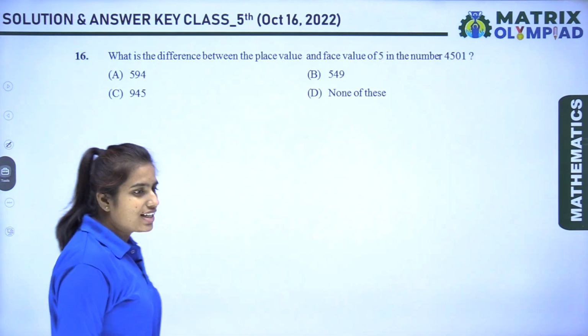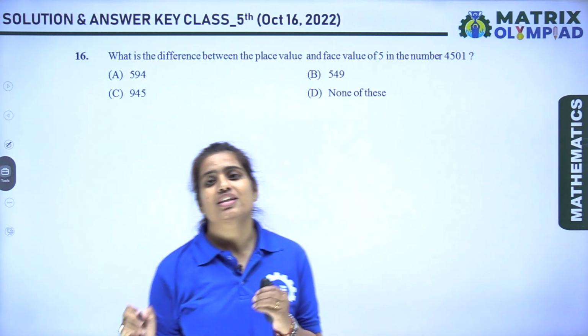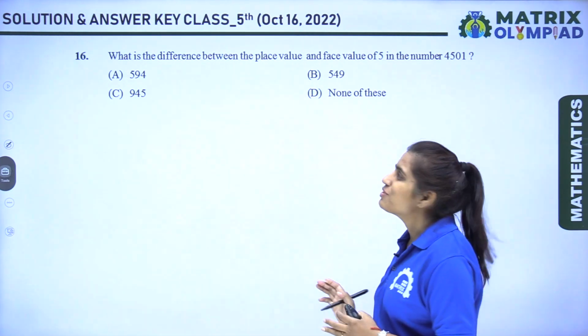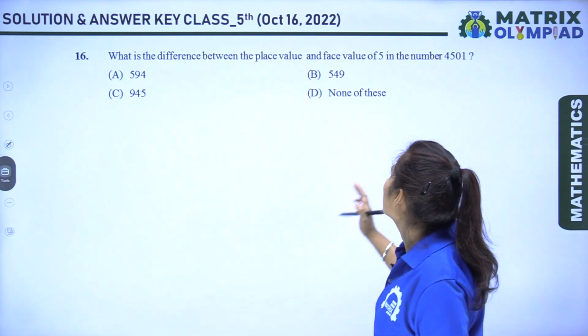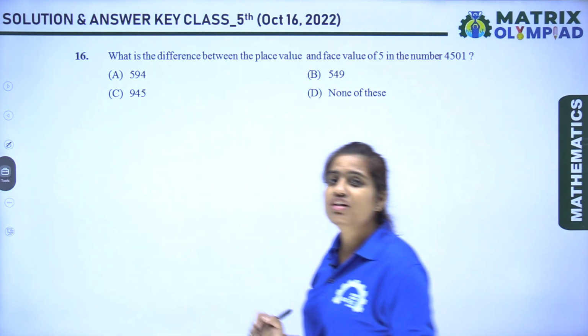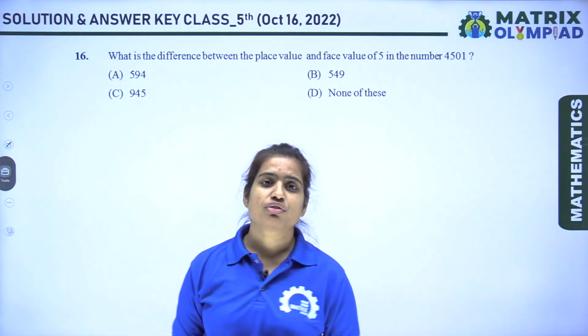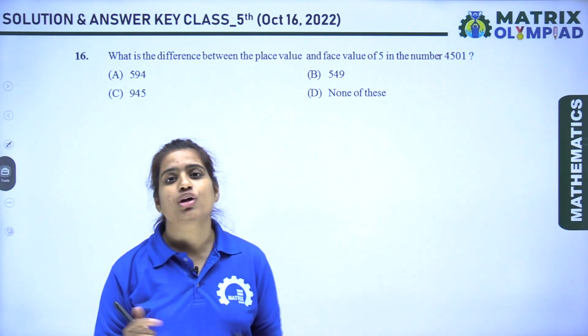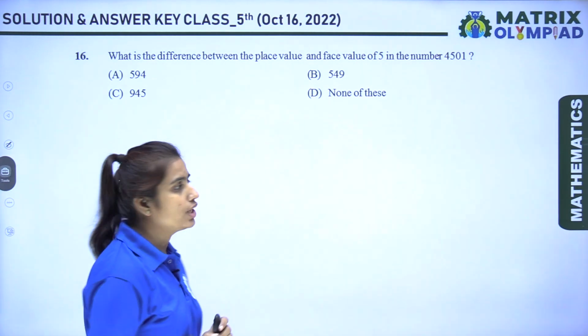Question number 16. This question is, what is the difference between the place value and face value of 5 in the given number? First of all, we have to be clear with the concept of what is place value and what is face value.